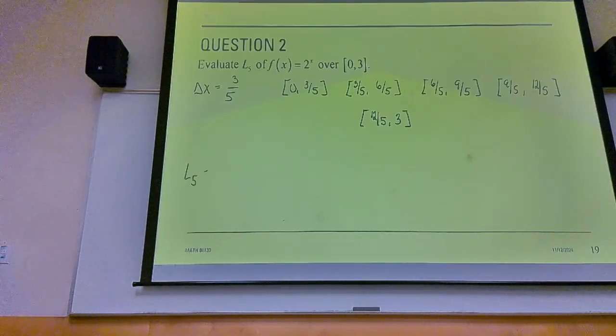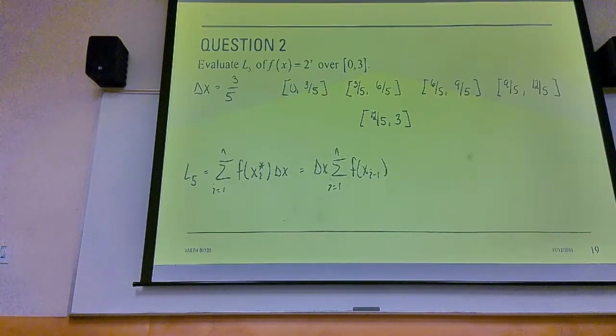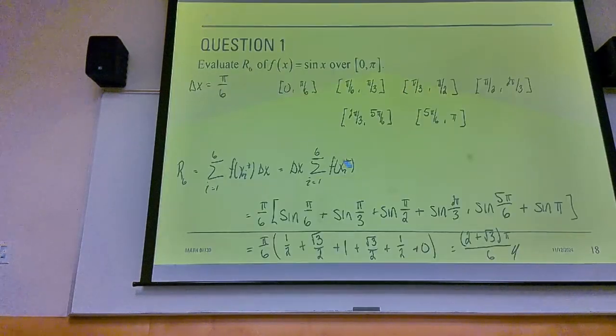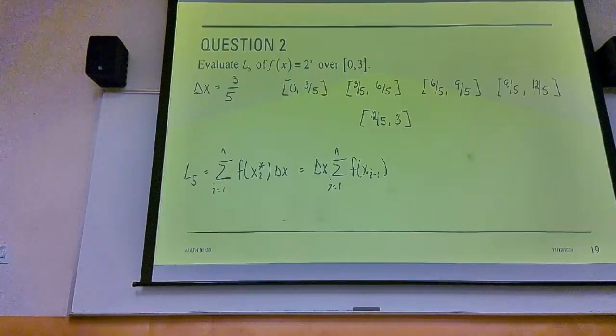So I can just make that x sub i for the right endpoint. Left endpoint's f of x sub i minus 1. Right, using the left endpoint for each subinterval.